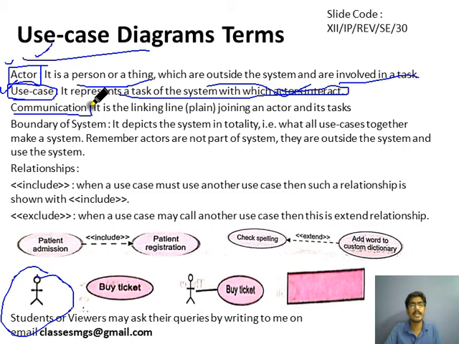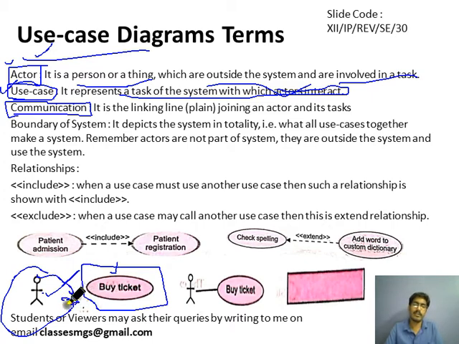What is communication? Let's suppose I am a user; as a user I will watch the video. So there is a line connecting to me. Let's suppose this is the actor, represented by this symbol, and the use case is represented by this symbol. Suppose there is a movie ticket booking system.